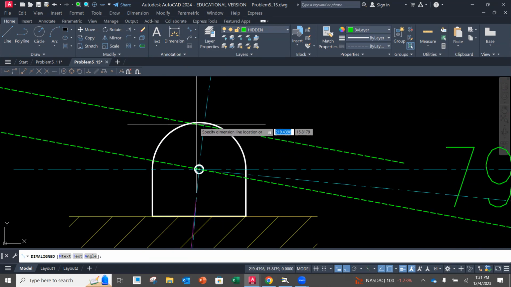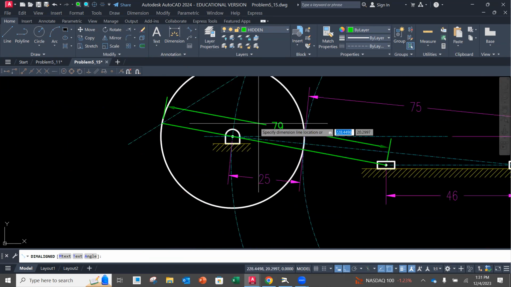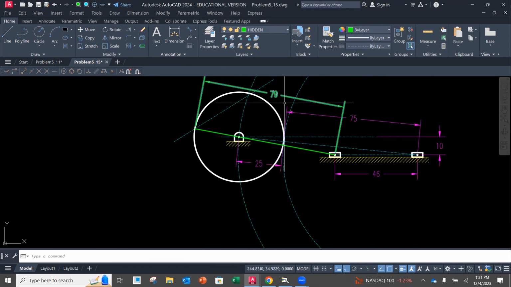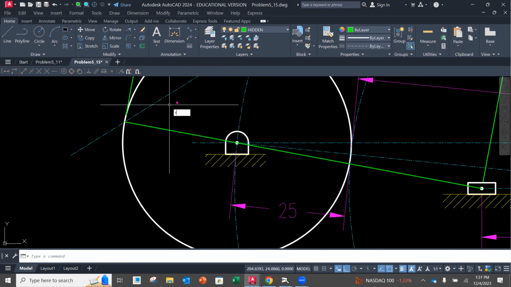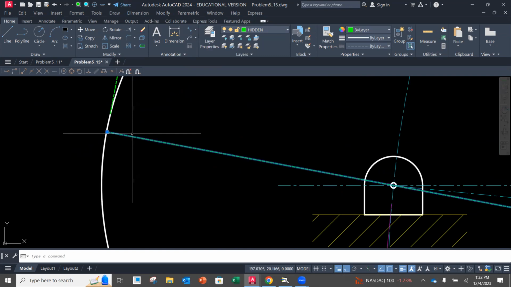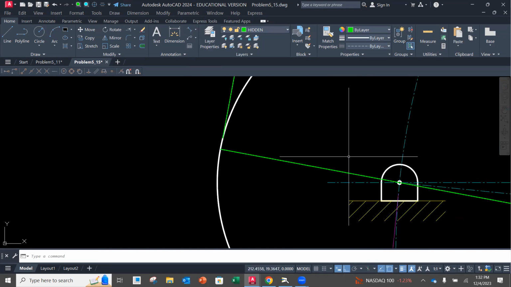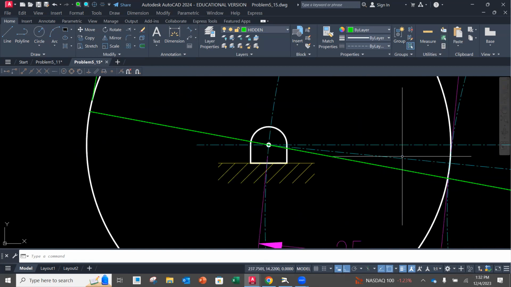Am I through the center? 79. I'll have to look. I don't know if I got my endpoint here. I think I did. I must have grabbed something a little bit off.